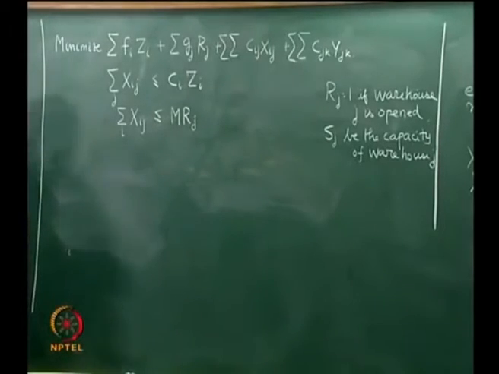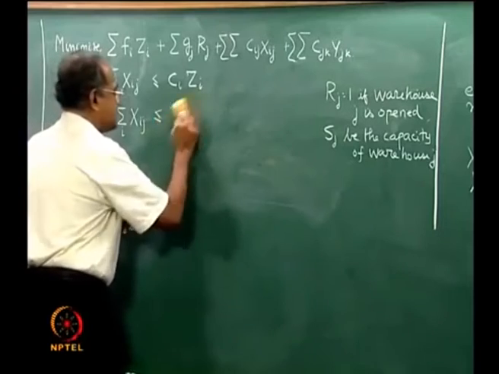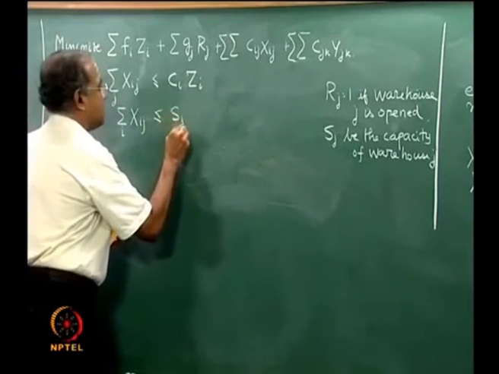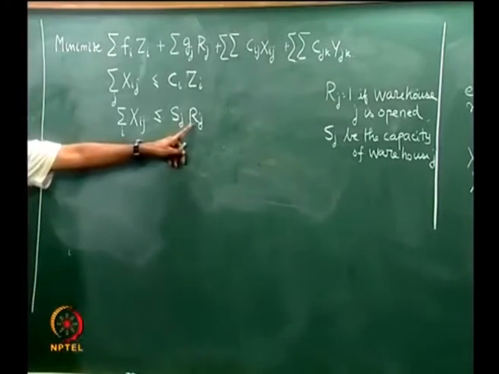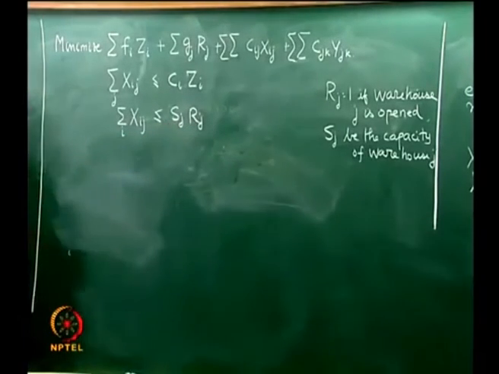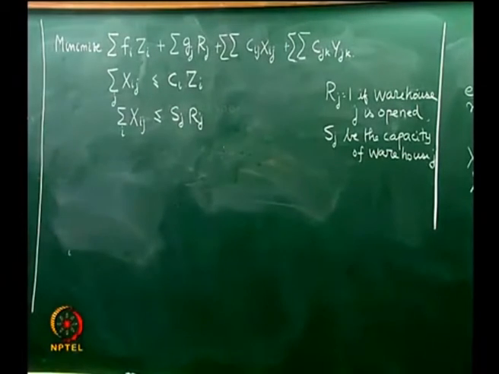So, one other way is to say that instead of saying big M, whatever it receives should be less than or equal to Sj Rj. Rj is the variable, Sj is a known capacity.